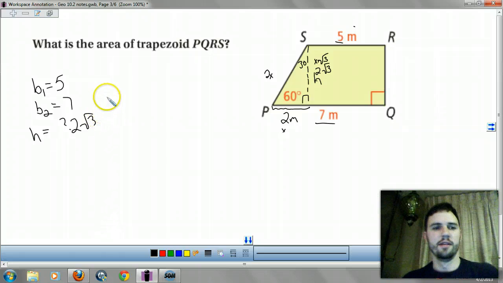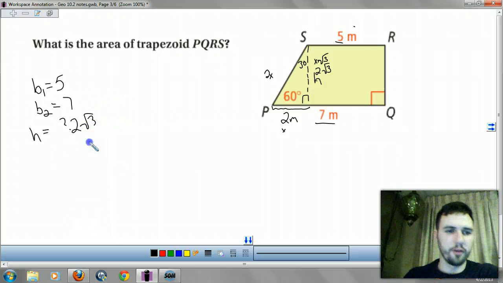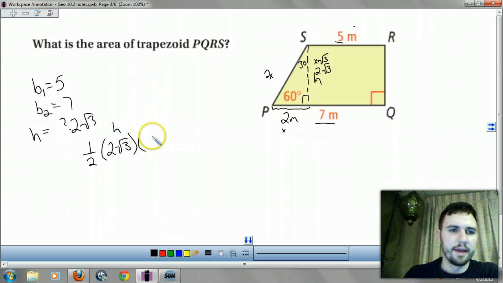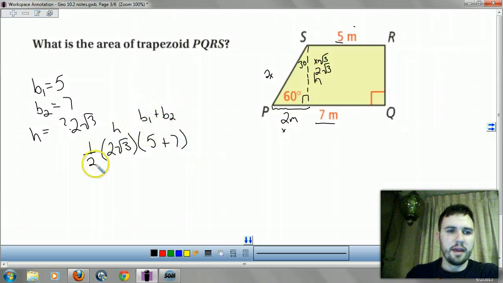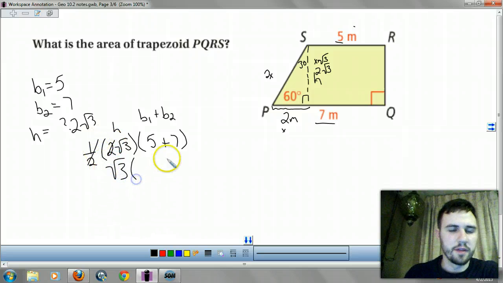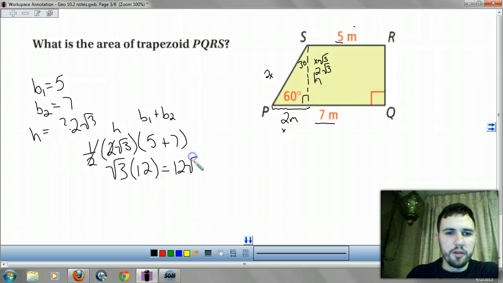Okay, so now I use my formula: 1/2 my height times my base 1 plus base 2. And 1/2 times 2, those cancel. Root 3 times 12, so I get 12 root 3 meters squared.